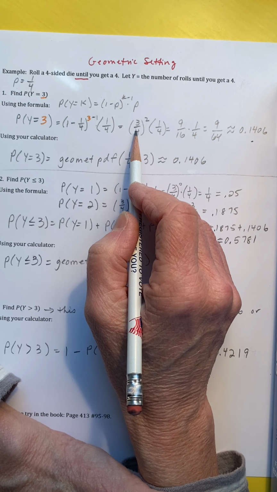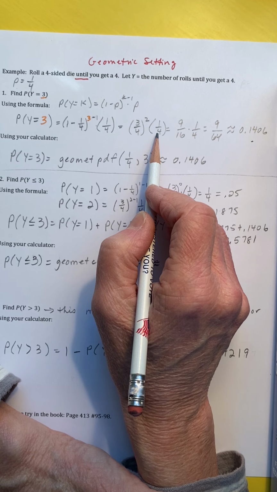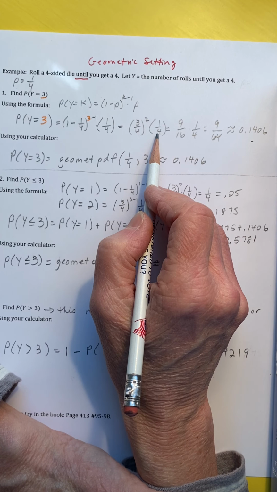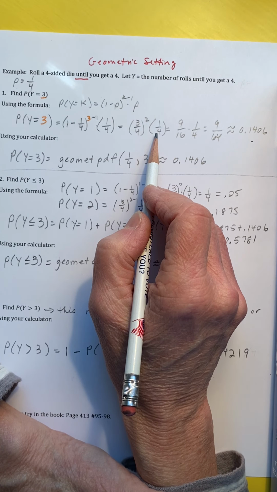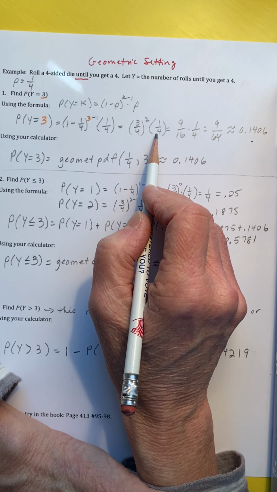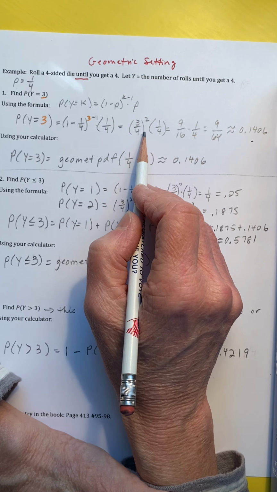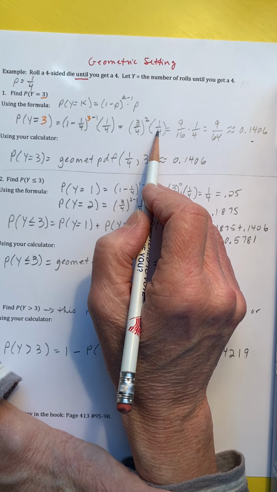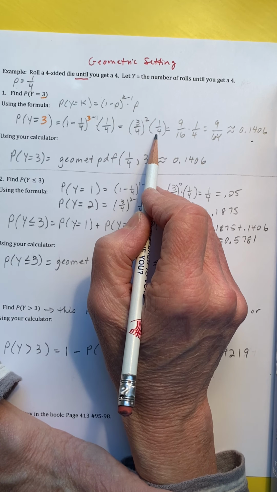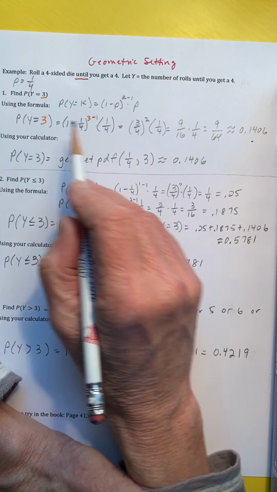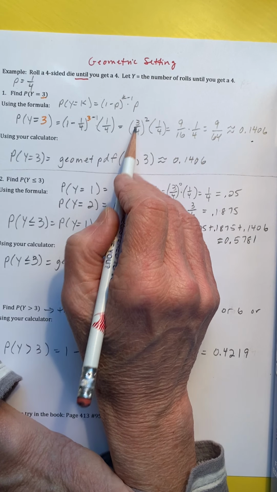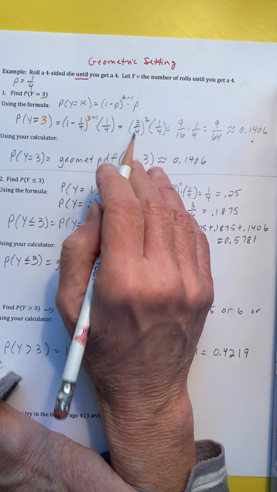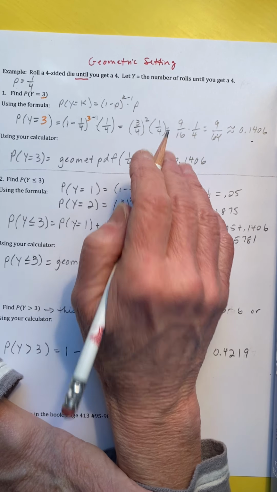So the 3/4 times 3/4 times 1/4 is saying the probability that the success happened on the third trial and you had 2 failures before that. That's why this is 3/4 squared times 1/4. It's failure, failure, success. That's what that means. If this had been 5, this would have been 3/4 to the 4th power. It would have been failure, failure, failure, failure, success.